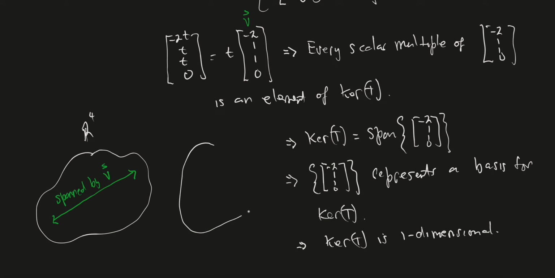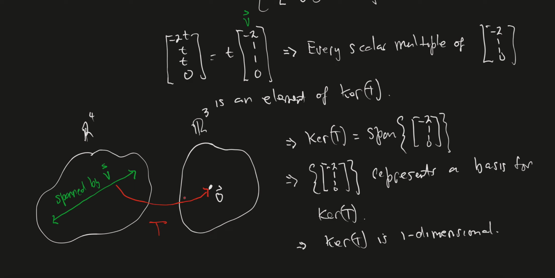What we've shown now is that when we map all the vectors on this green line by this transformation, they end up being mapped onto the zero vector. My transformation takes all the vectors on this line and maps them onto a single vector, the zero vector, and that makes it the kernel.